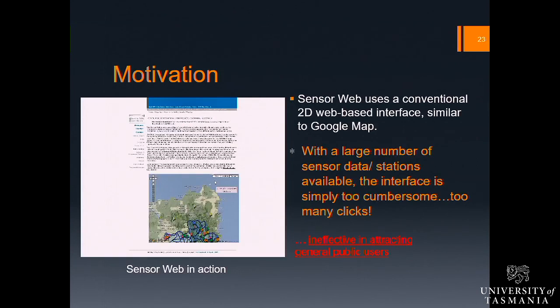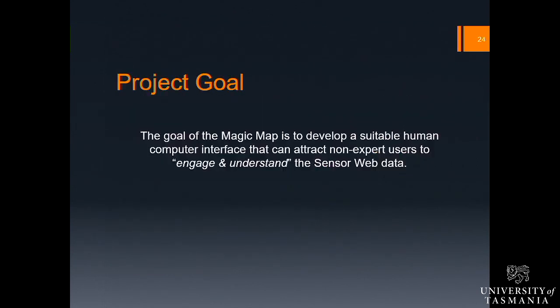Our project goal is to develop a suitable human-computer interface which attracts non-expert users to engage with and understand the sensor data web. This is the same thing in your assignments 2 and 3. You have to define what the problem is in the beginning, and what the goal of your interface is.